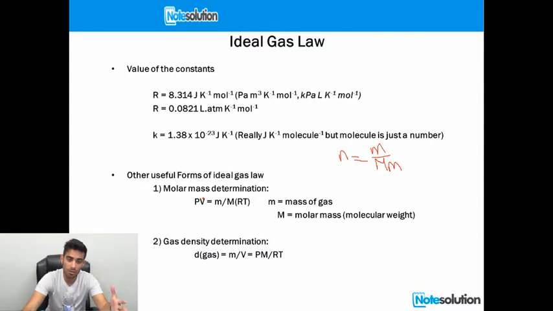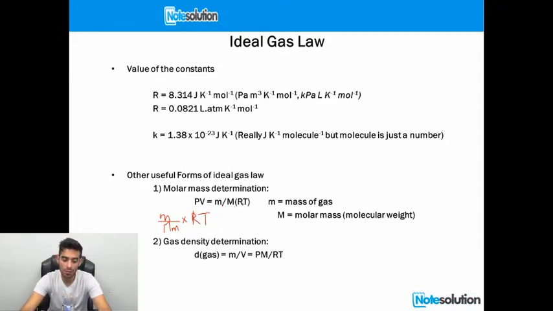So they give you all the information you need. What you do is PV equals m over molar mass multiplied by RT. If you write it this way, this might confuse you a bit, so it would be m over molar mass, and this one would be times RT.